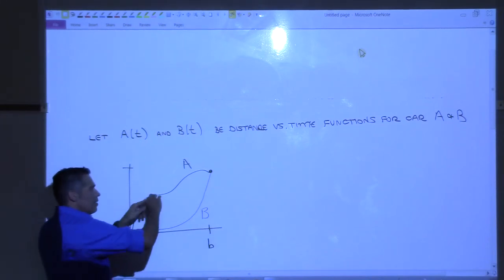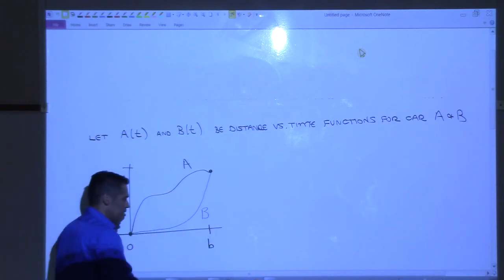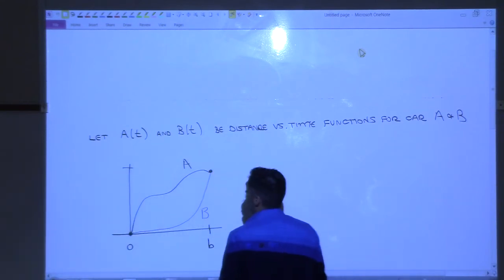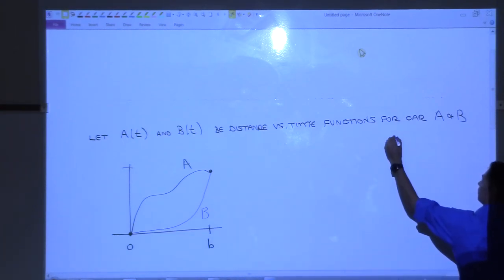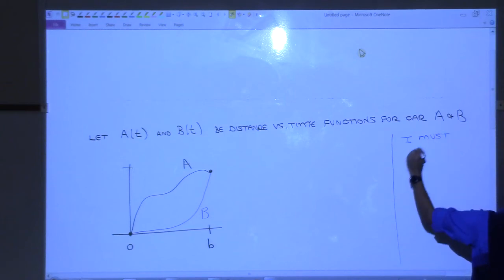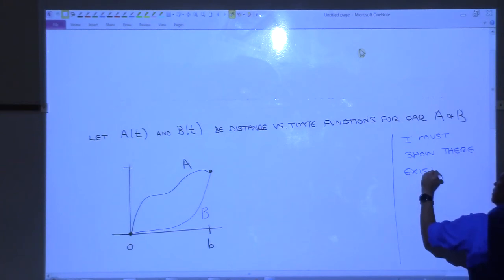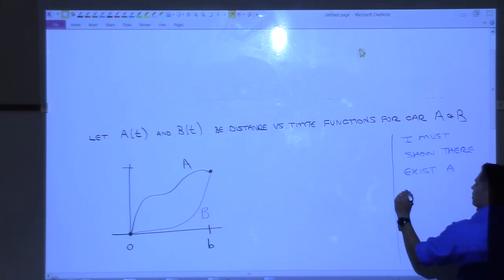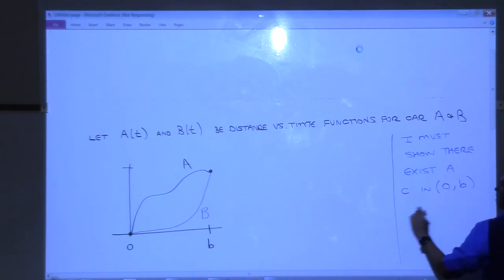We know that the mean value theorem applies for both of those, right? We know that, but that's not the direction I'm about to go. I'm going to go somewhere else with this. Let me just write down what I want to show. I must show there exists a C in the interval 0 to b such that what?